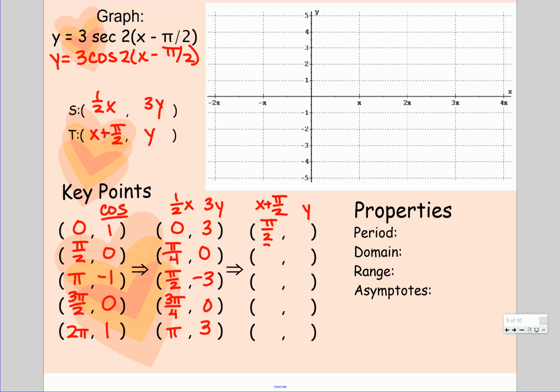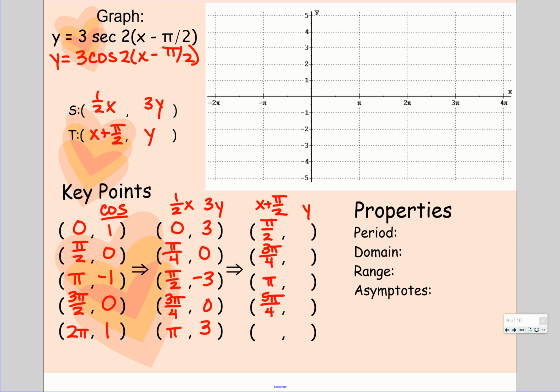Pi over 2 plus pi over 2, a half plus a half, is pi. 3 pi over 4 plus pi over 2, or 2/4, is 5 pi over 4.